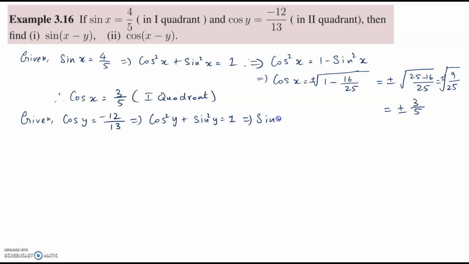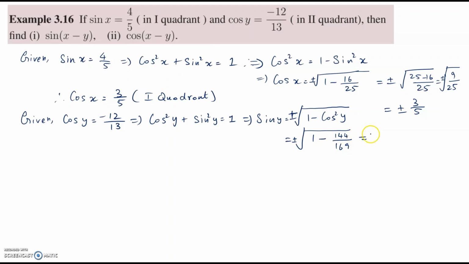Therefore, our sin y will be equal to plus or minus square root of 1 minus cos squared y, and our cos y is minus 12 by 13. So plus or minus square root of 1 minus 144 divided by 169.